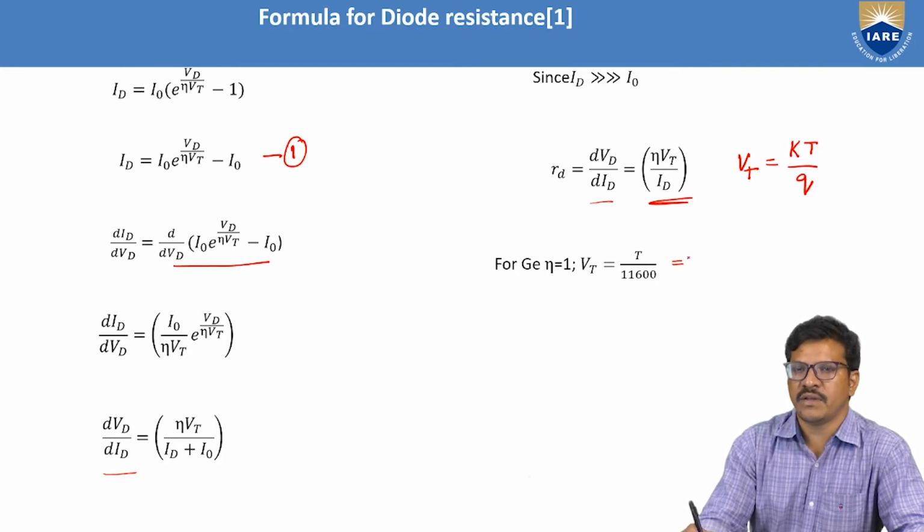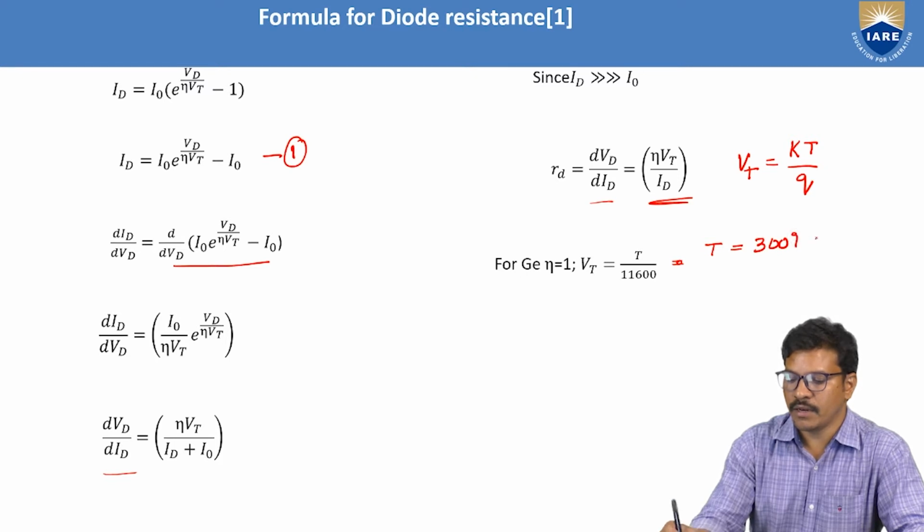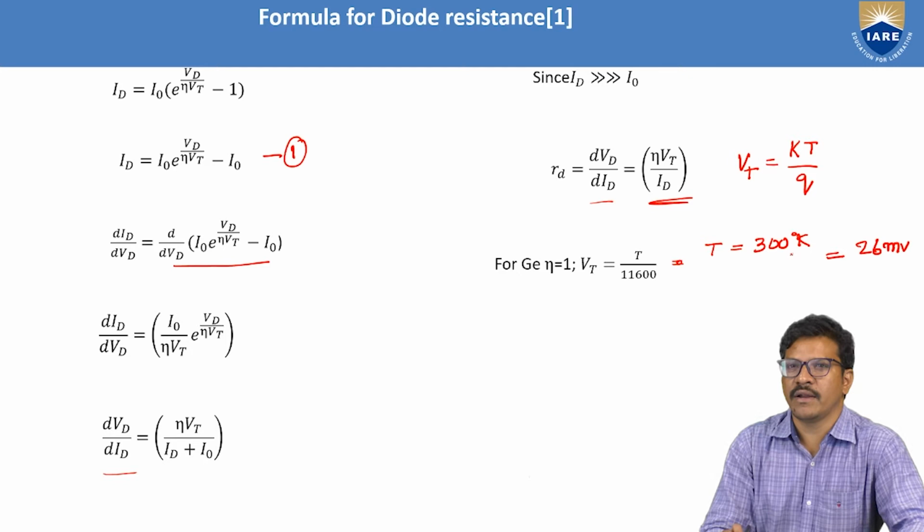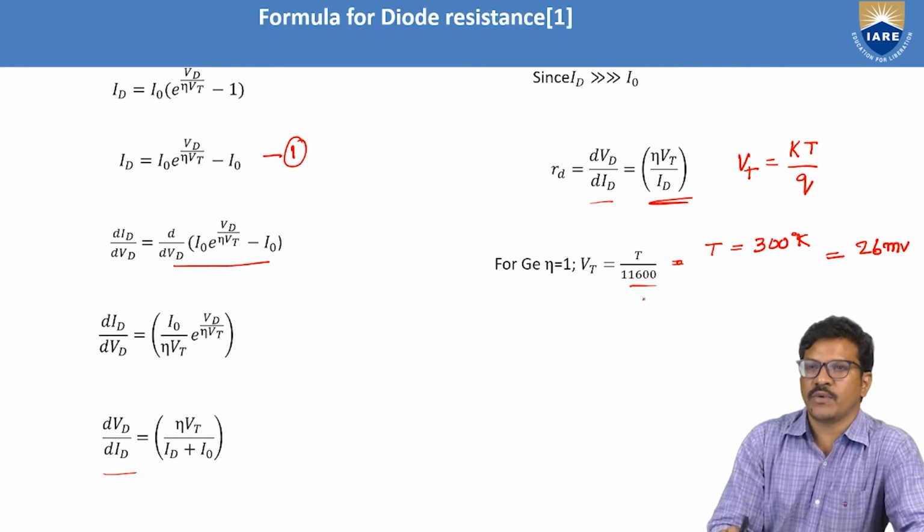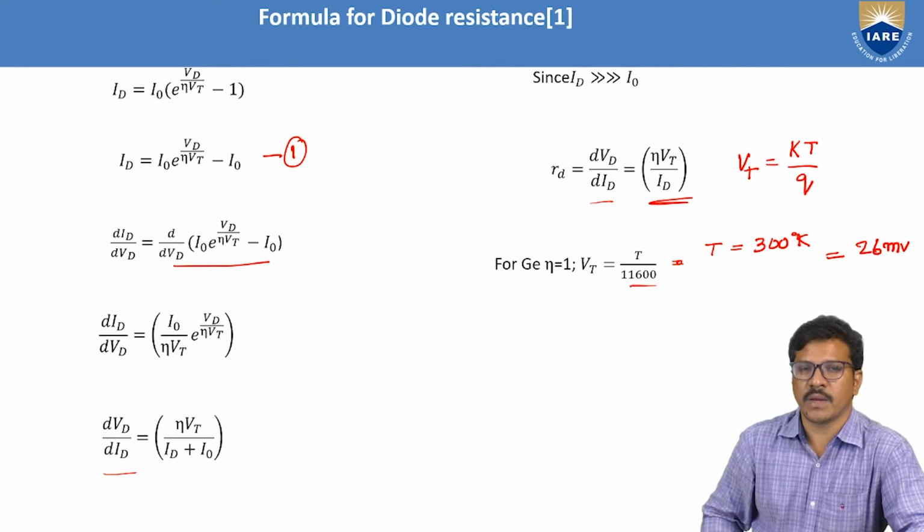By substituting different temperatures, you get different volt equivalent temperatures. For example, a standard value is T equal to 300 Kelvin, where Vt is equal to 26 millivolts. Sometimes we need to substitute this value directly.